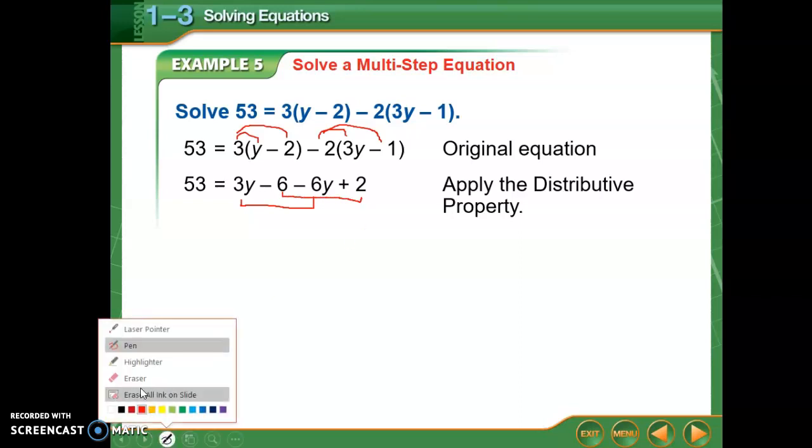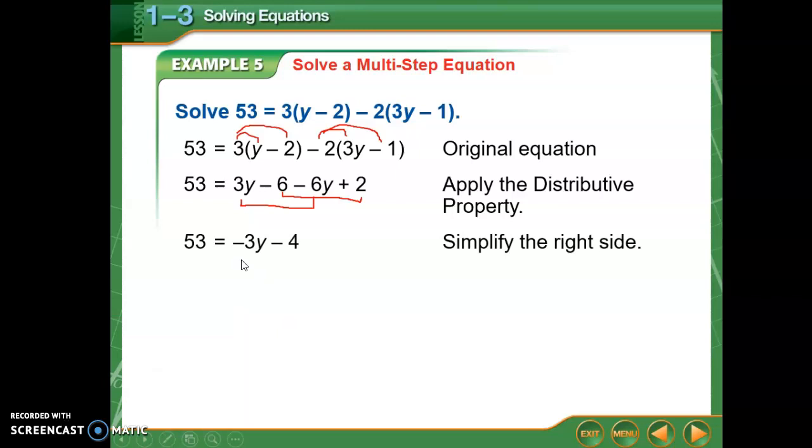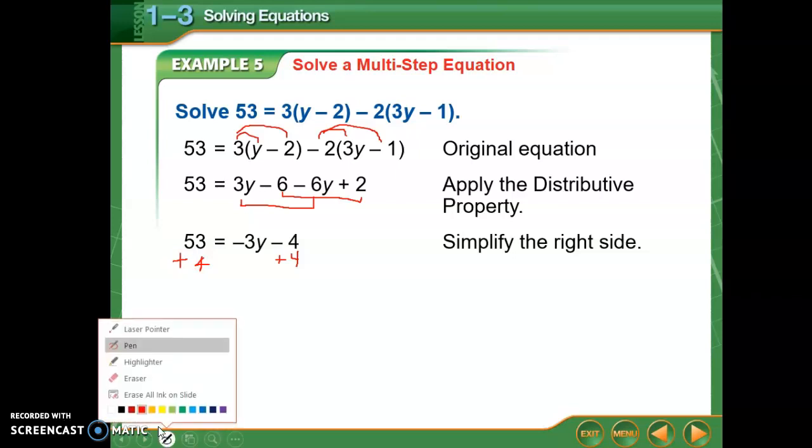And then after that, you can combine like terms. 3y minus 6y, and then combine also -6 plus 2. So you will get -3y minus 4. Alright, so next step, you're going to add 4 both sides, so that 4 will combine with 53. And then bring it down.